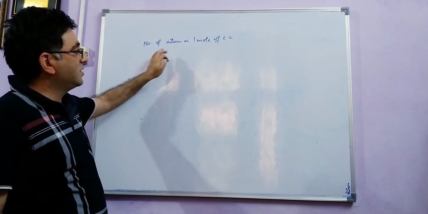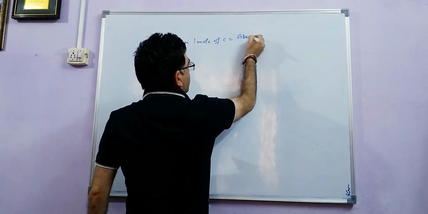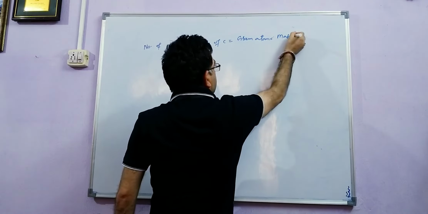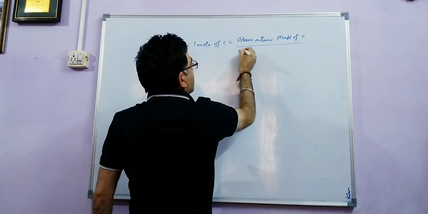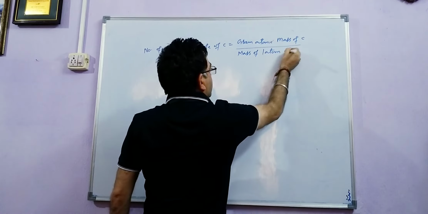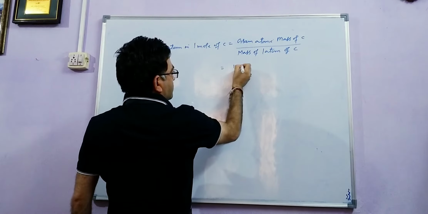So the number of atoms in 1 mole of carbon equals the gram atomic mass of carbon divided by the mass of 1 atom of carbon in grams. The gram atomic mass of carbon is 12 grams.